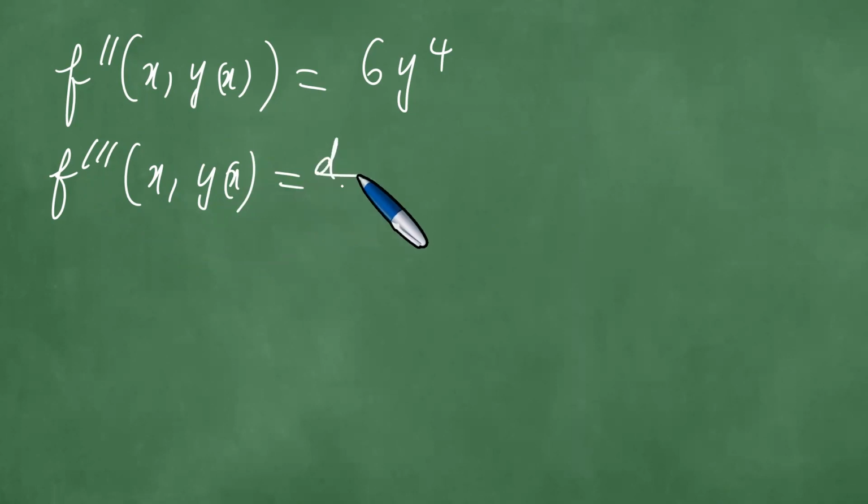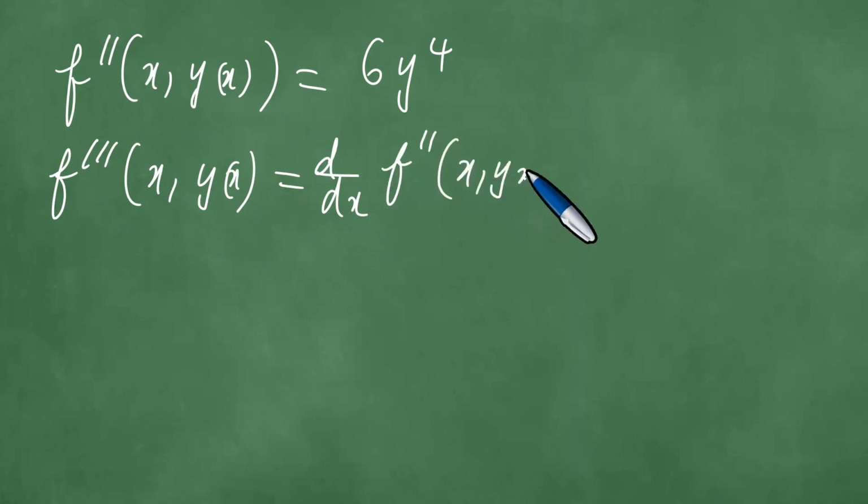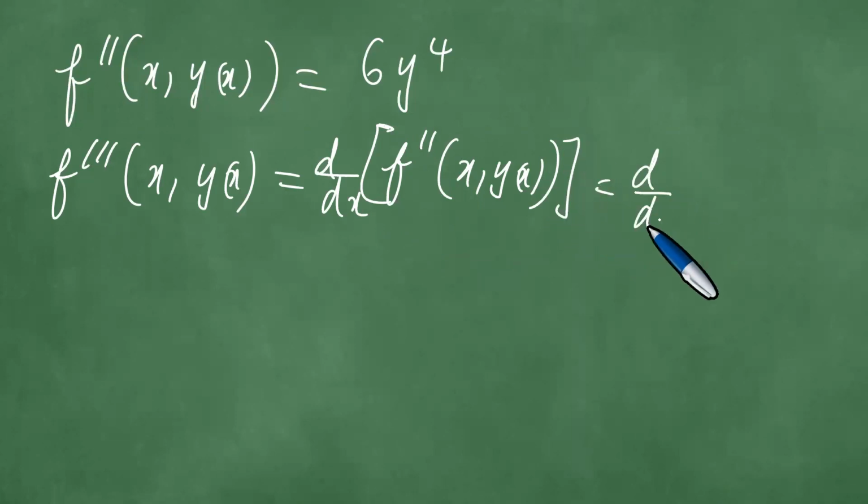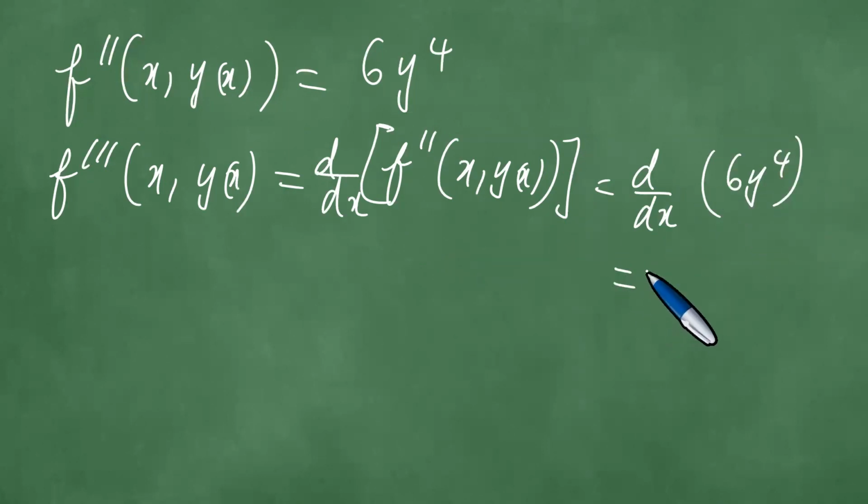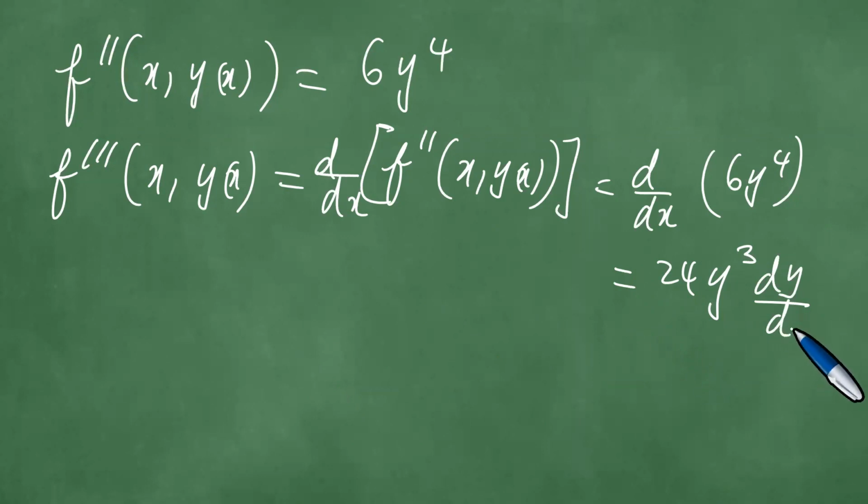So which means we must find the derivative with respect to x of this, which is d dx of 6y to the fourth, 24y cubed dy dx, please.